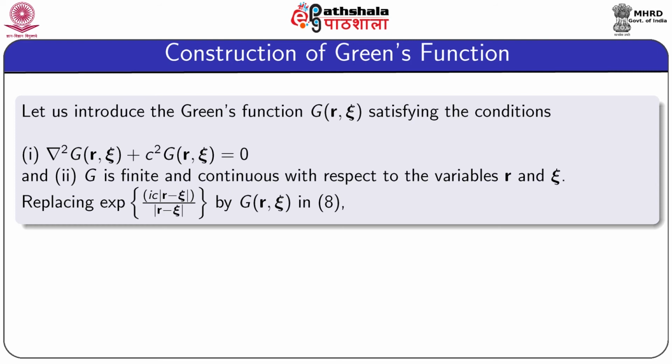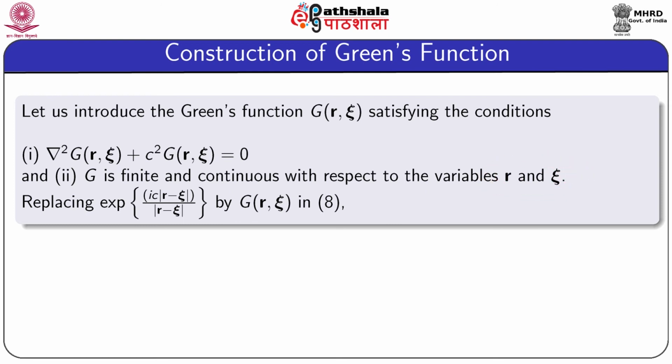Now, we want to introduce Green's function for Helmholtz equation. For that, the function g has to satisfy the following conditions. It will satisfy the Helmholtz equation, which is written in 1, and also g is finite and continuous with respect to both the variables r and xi.